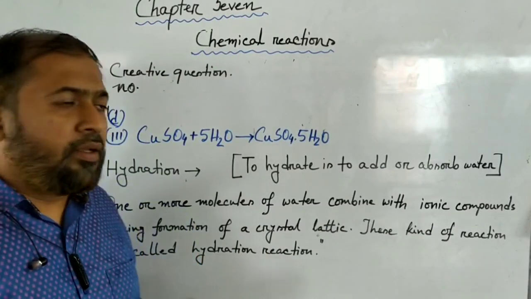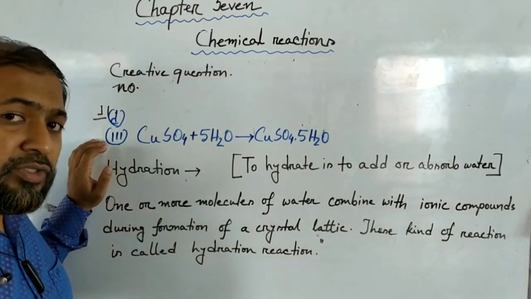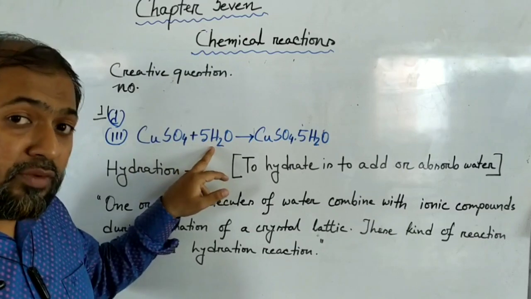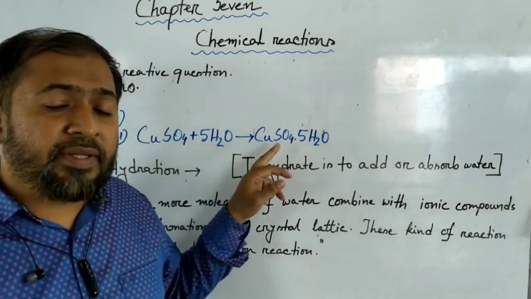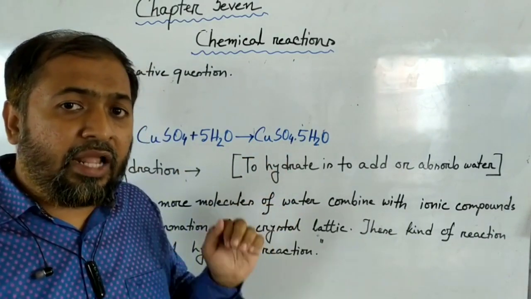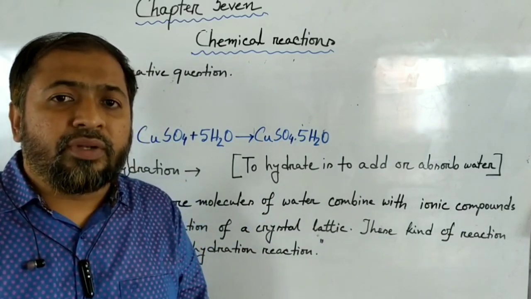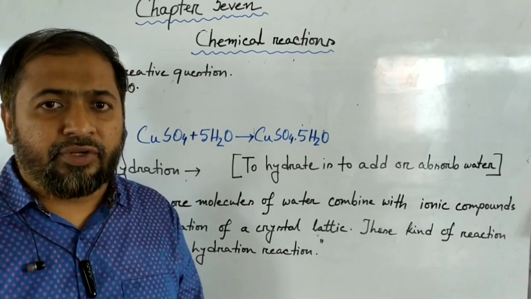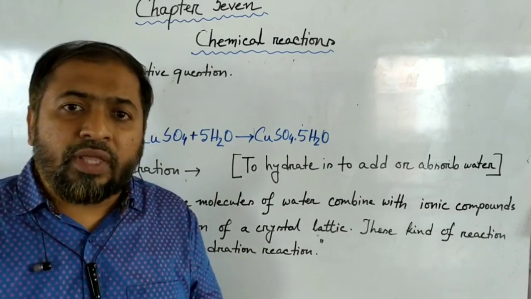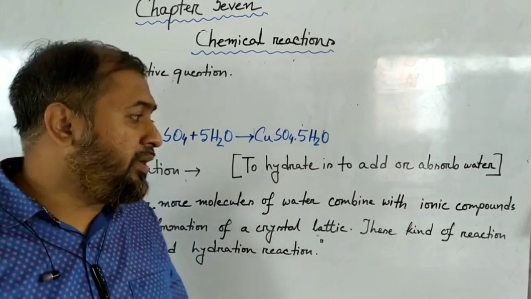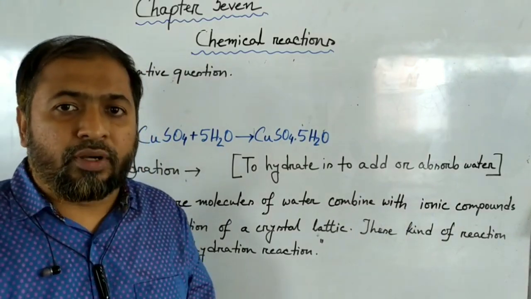On the other hand, from the reaction 3 mentioned in the stream, we can see copper sulfate added with 5 molecules of water and produces copper sulfate pentahydrate. Another name of this compound is blue vitriol. This type of reaction is known as a hydration reaction. Before going through the hydration reaction, we must know what hydrated means. To hydrate means to add or absorb water.